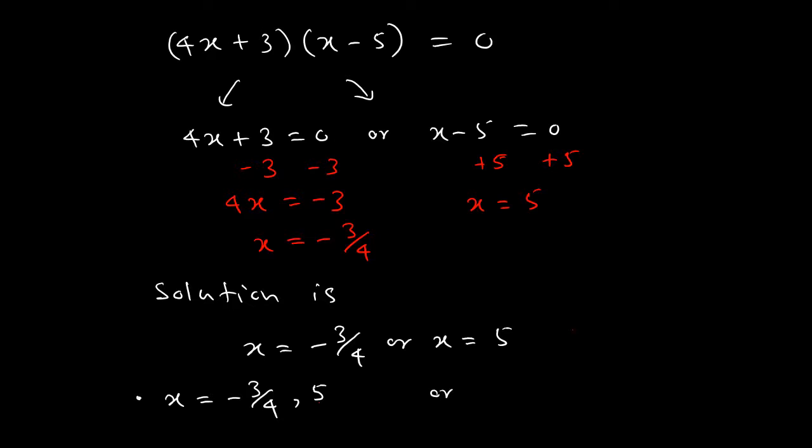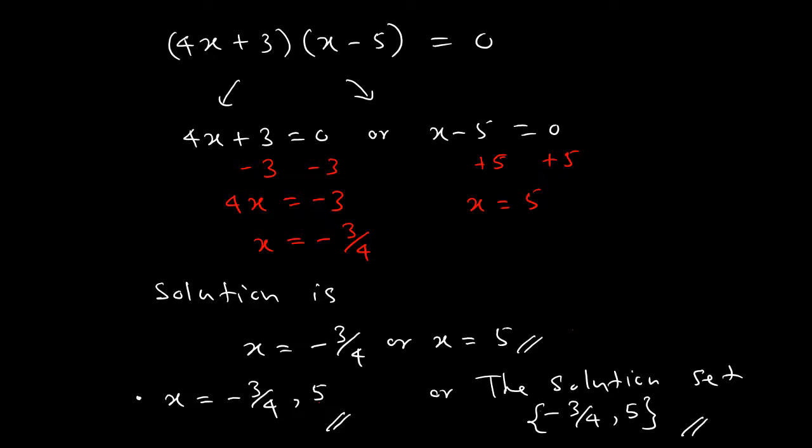So the solution set is, let's put the numbers in a set, -3/4 comma 5. So that's the solution set. So there are three ways to write your answer. This is one way, or you can write like that, or you can write the solution set. So after you factor, this is what we can do next.